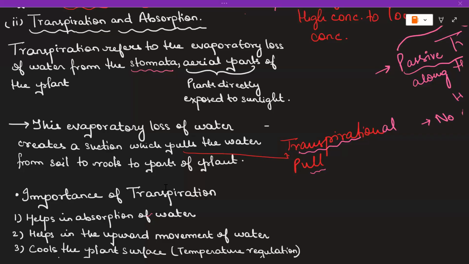Always remember that it loses the water from the top, and again it takes up the water from the roots. So that is why we say that even though transpiration is a loss of water, it's still important because it is creating that pull because of which the water would be absorbed. Clear? Yes, ma'am.